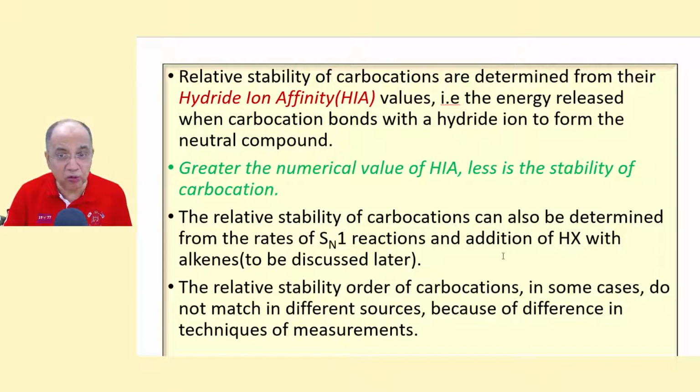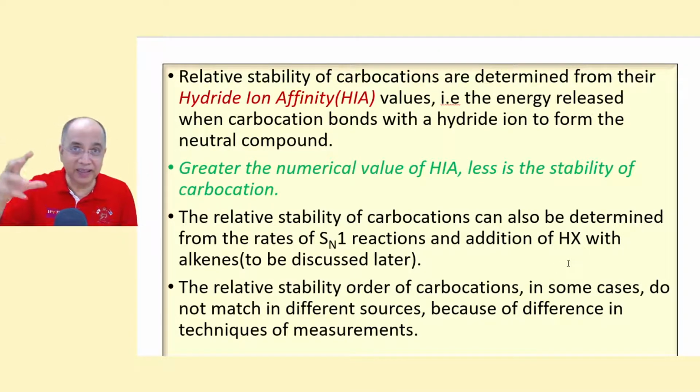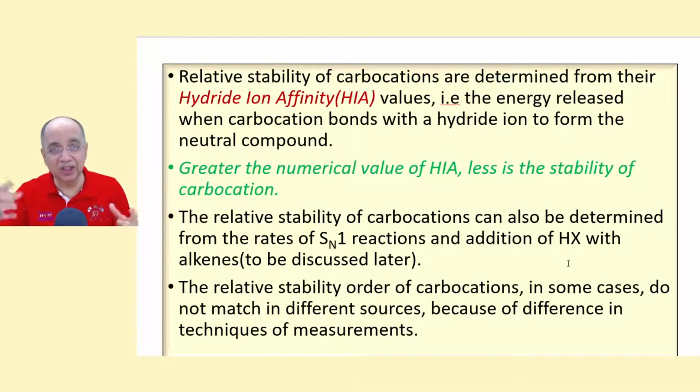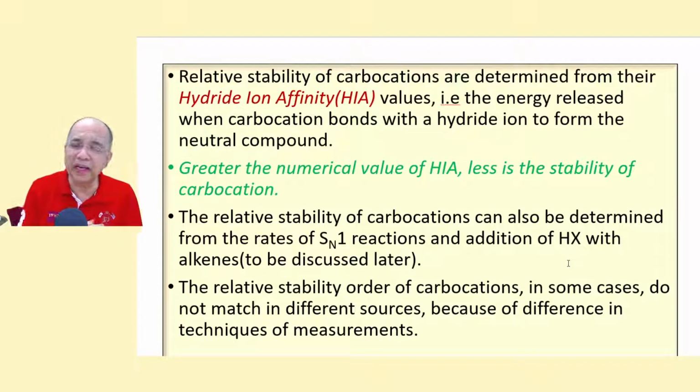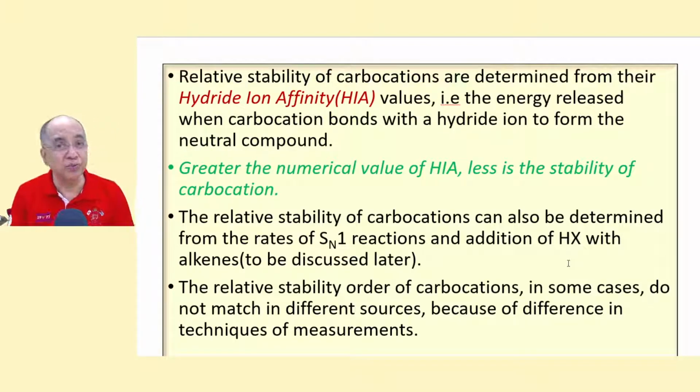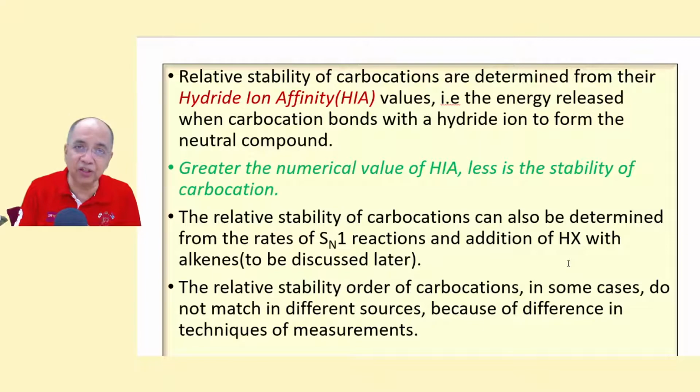And also addition reactions with HX. If there is a double bond in a compound and you take an alkene and add HX, HCl, HBr, HI, that also goes via a carbocation, the electrophilic addition mechanism.